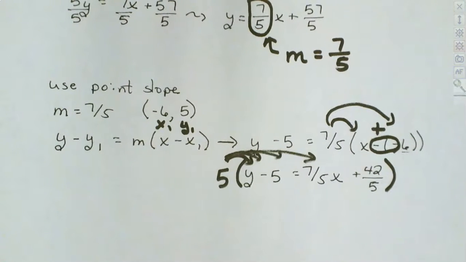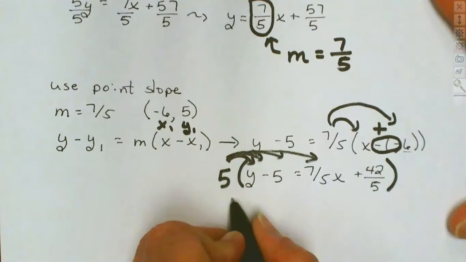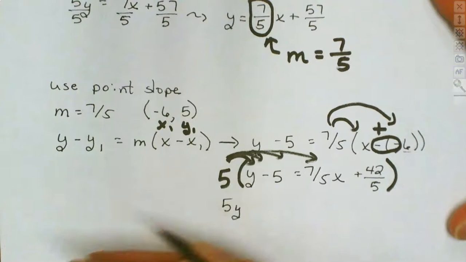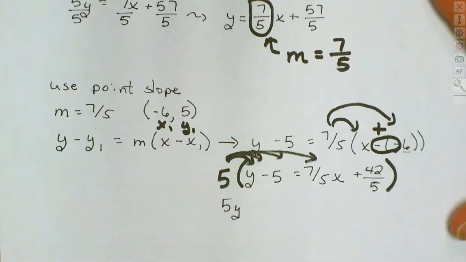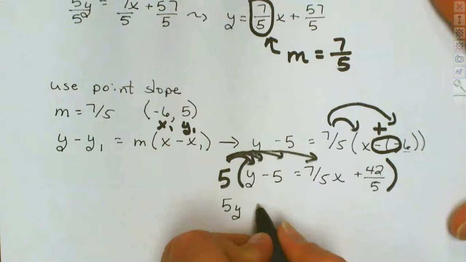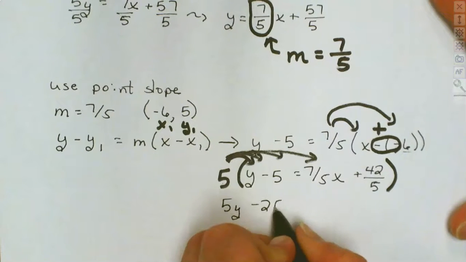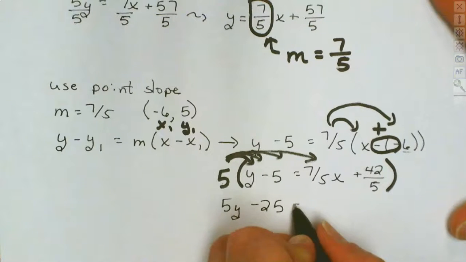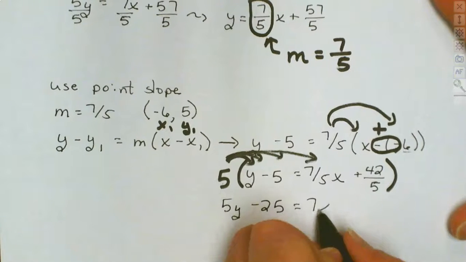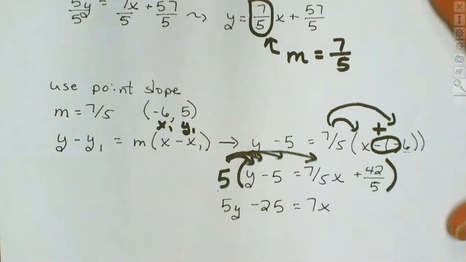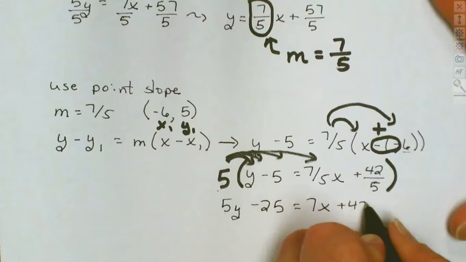Everything has to be multiplied by 5. So that gives you 5y. We distribute through. 5 times a negative 5, that makes it a minus 25. That equals then 7x, because those cancel, plus 42.